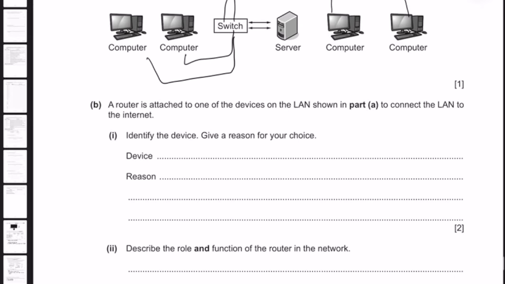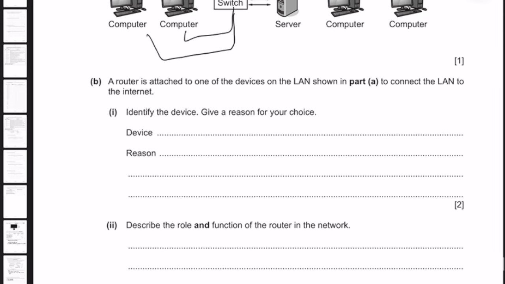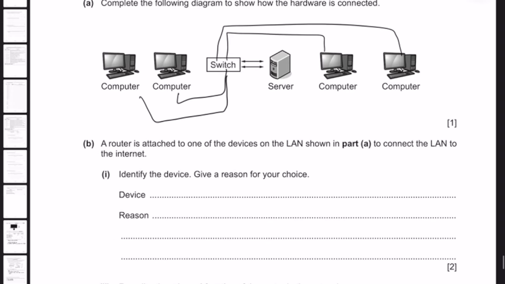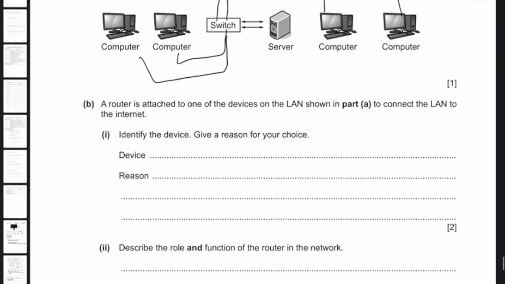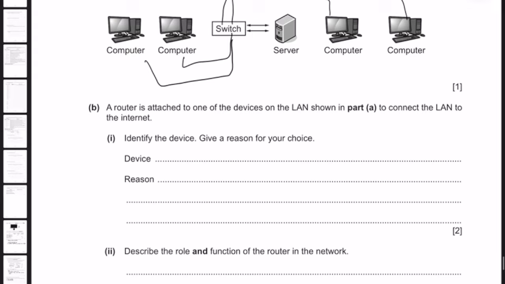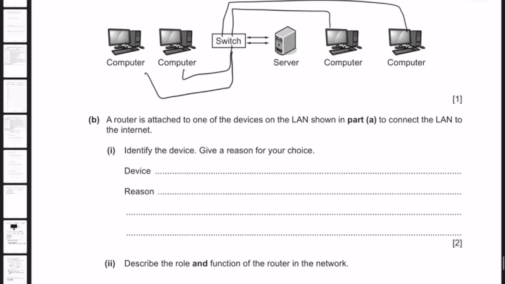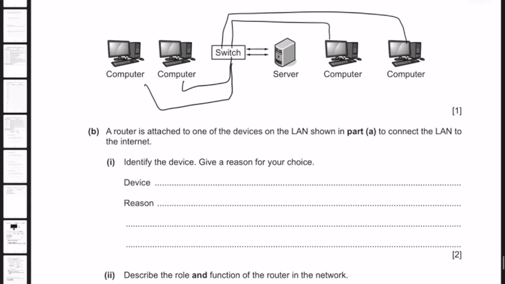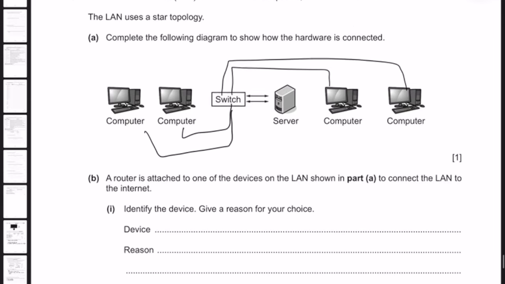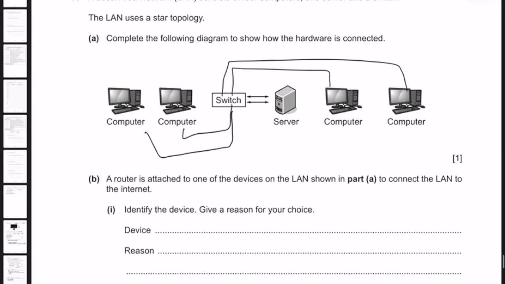A router is attached to one of the devices on the LAN shown in part A to connect the LAN to the internet. Identify the device. Give a reason for your choice. Okay, which device are we trying to identify? One of the devices.